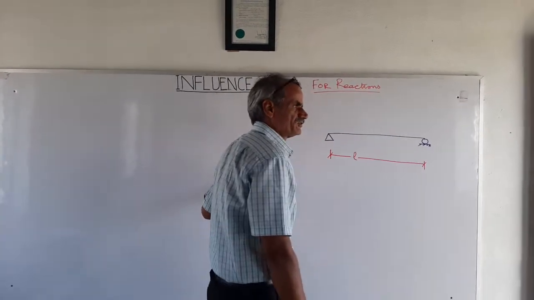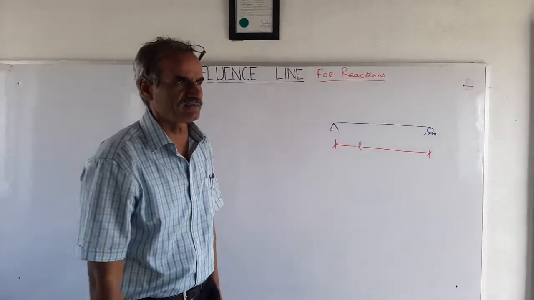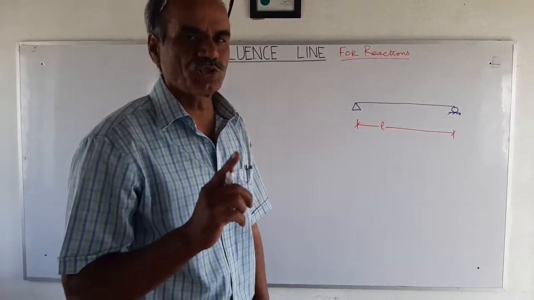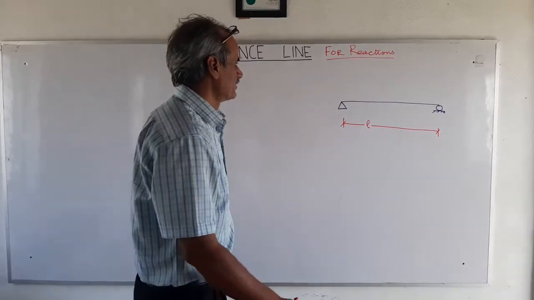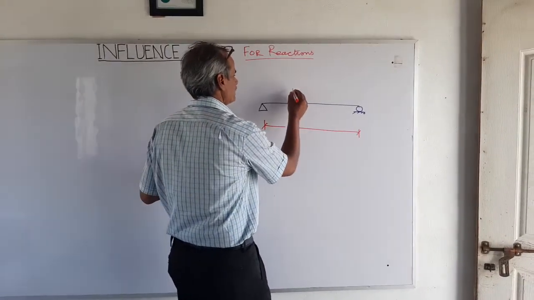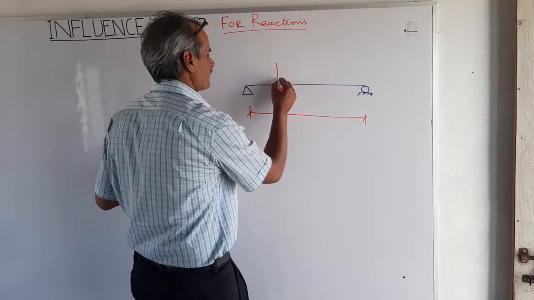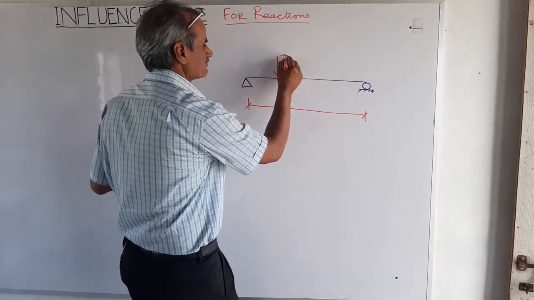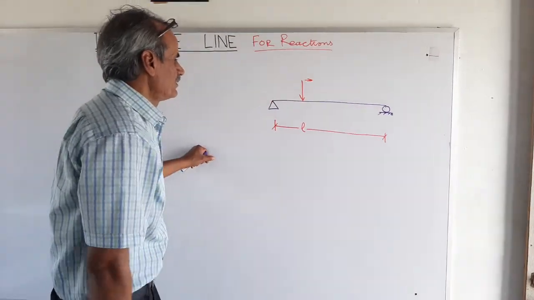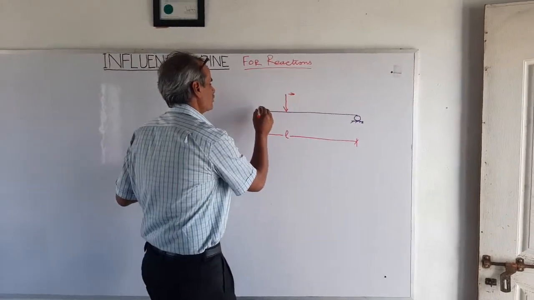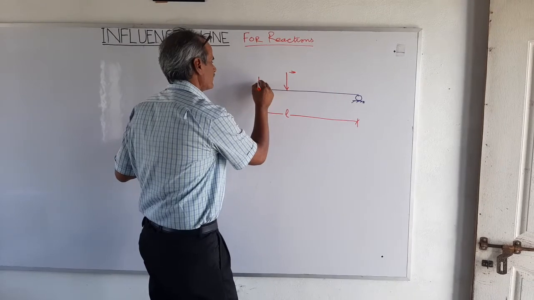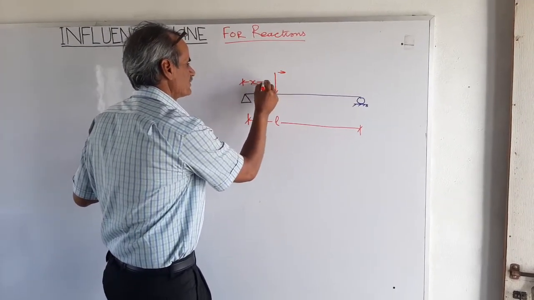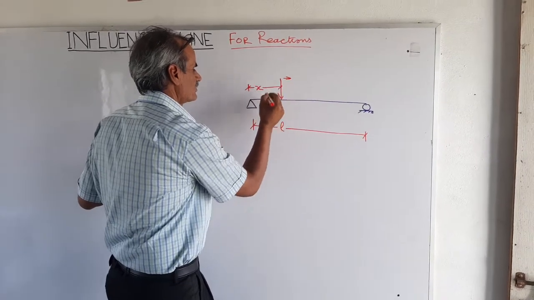From the definition, you must have noticed that load is defined, and that is unit moving load. It is that any unit load is moving on this span. All right. Say this load is moving at a distance x from its left support.